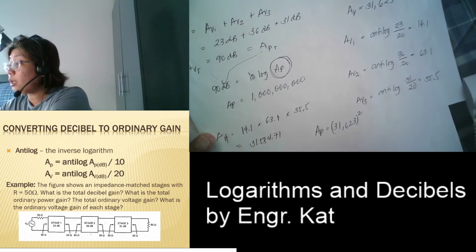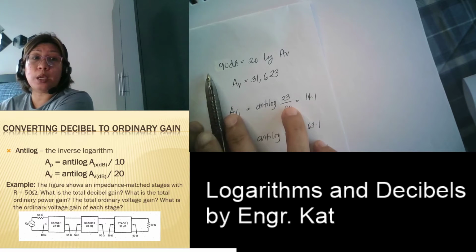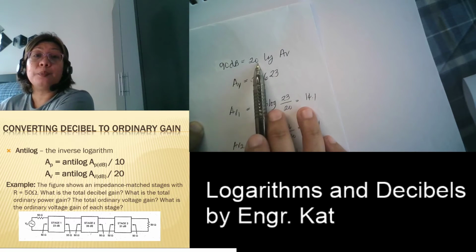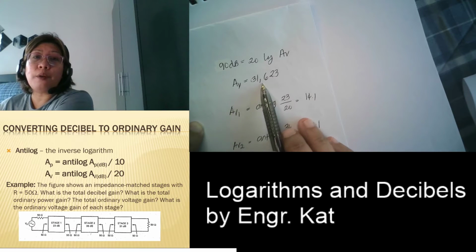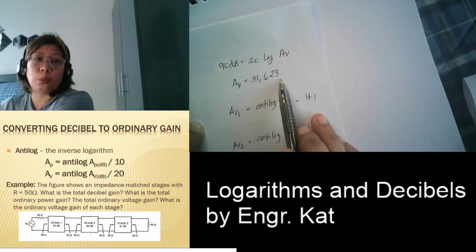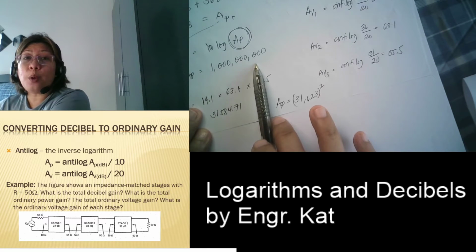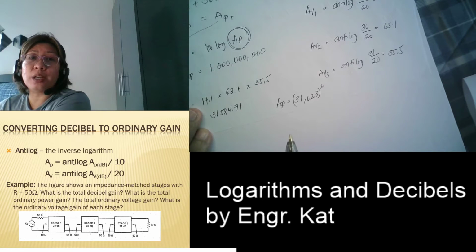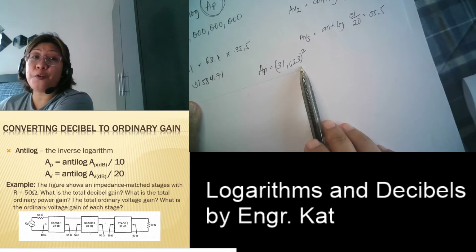Since they are also equal, we can also use 90 here, with 20 log. This time 20, because we are using voltage gain. So 90 divided by 20, anti-logarithm, you have here 31,623. This is the ordinary voltage gain, and this is the ordinary power gain. Our consideration earlier is that your power gain is equal to the square of your voltage gain.